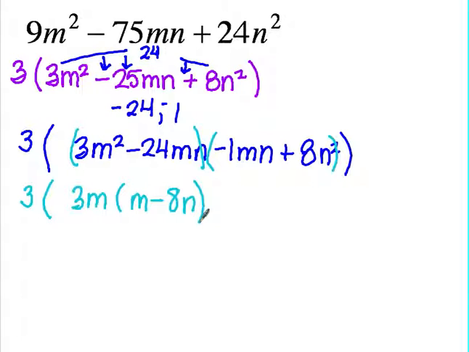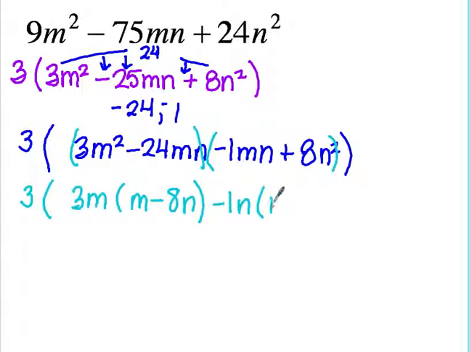What can you take out from the second? Negative 1n. How did you get the second parentheses in that? Because I took 3m from 3m squared. Factor that out. So what do you get when you take out a negative 1n from negative 1mn? What are you left with?